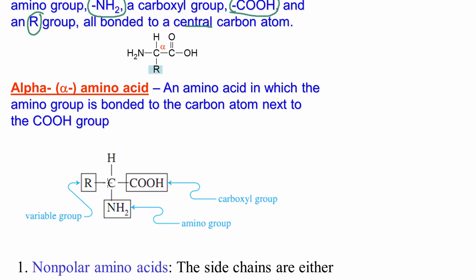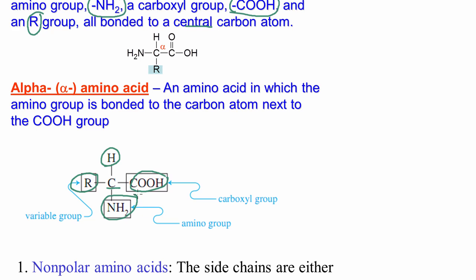Here we have an amino acid. Notice there's this carbon. It's bonded to the carboxyl group, the amino group, and this R group. This is a variable group, and we'll talk about the R groups in a little bit. And this also has a hydrogen here.